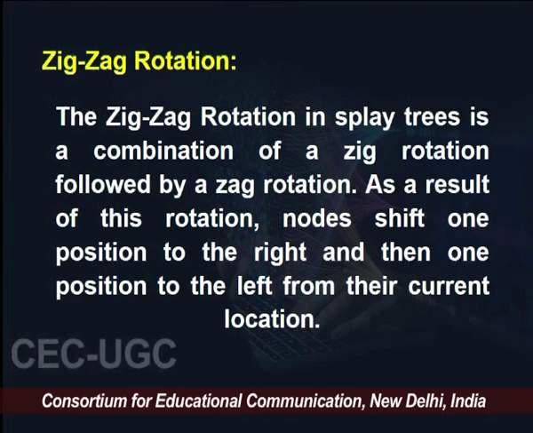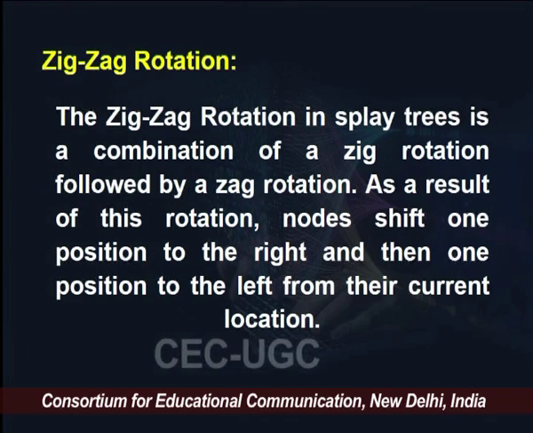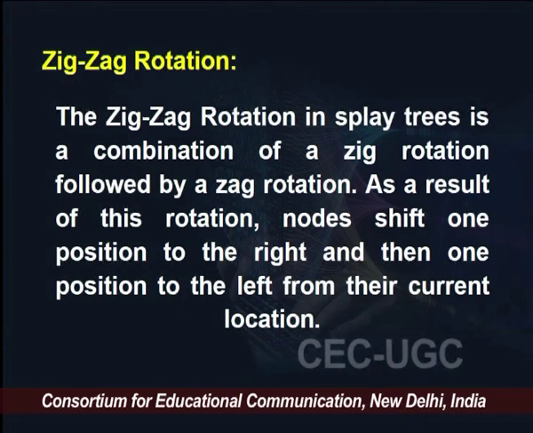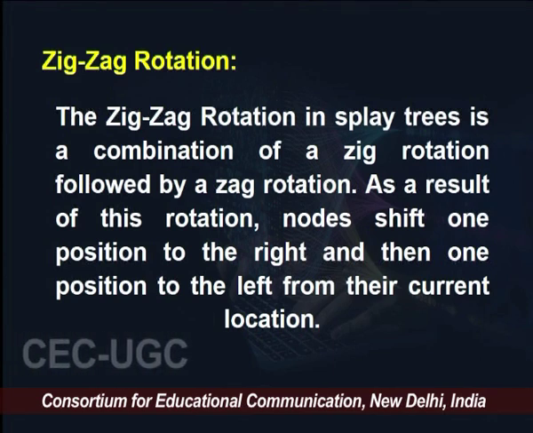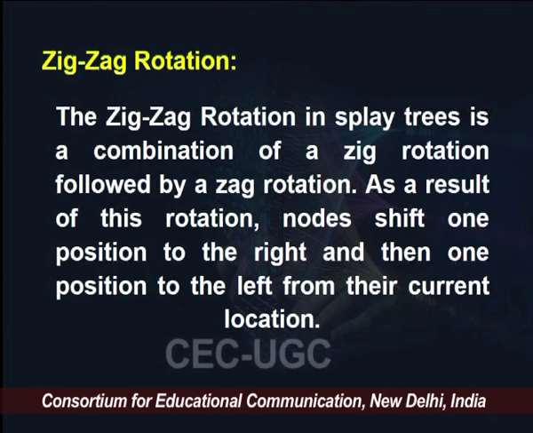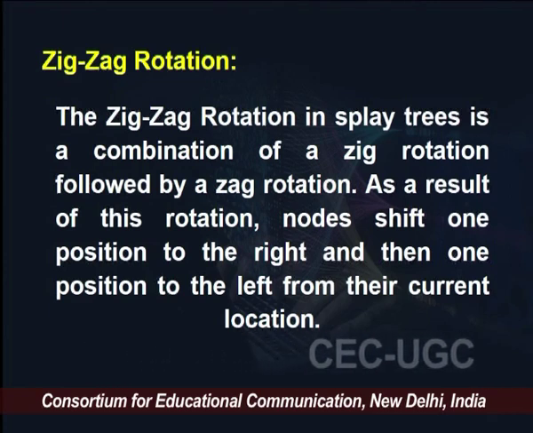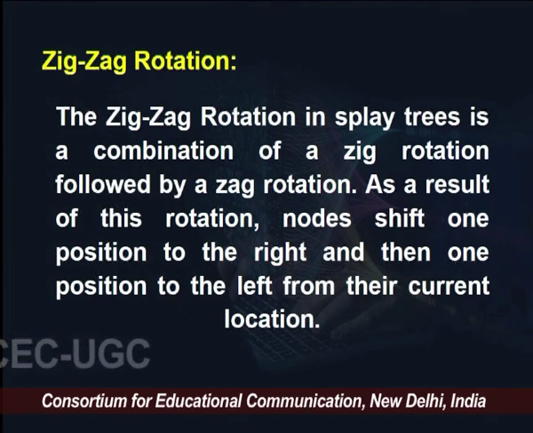Zigzag rotation, as the name suggests, is basically a combination of zig rotation followed by a zag rotation, a combination of right and left. As a result of this rotation, the node shifts one position to the right and then one position to the left from their current location.